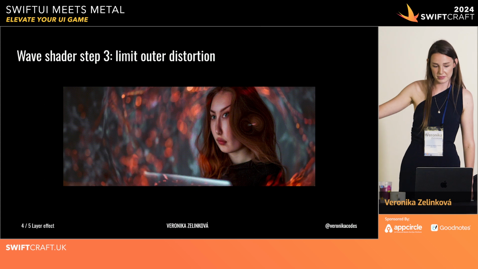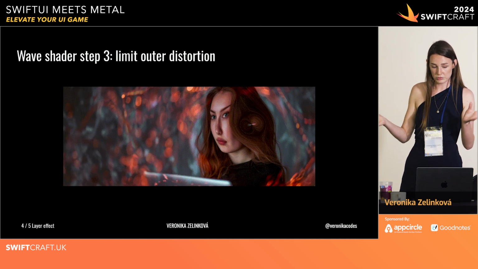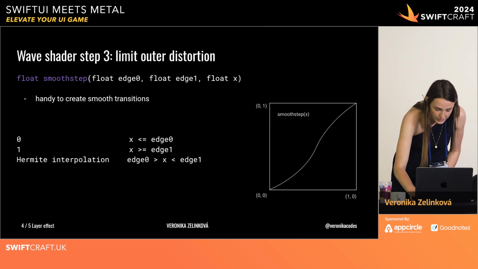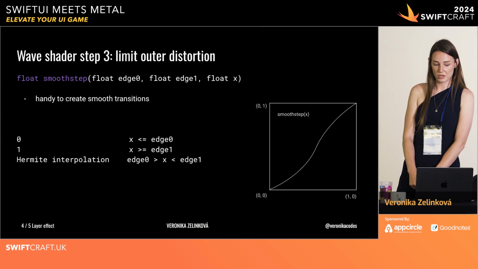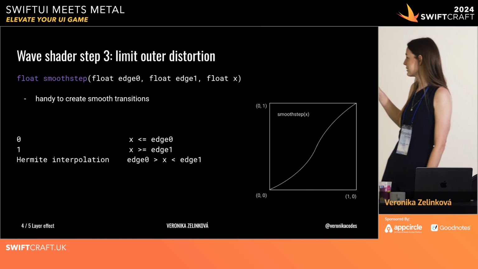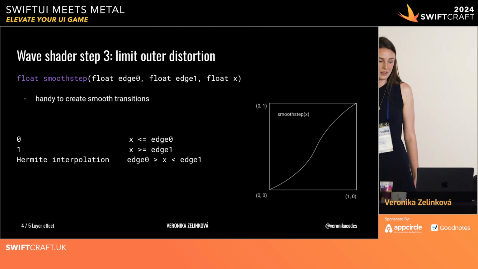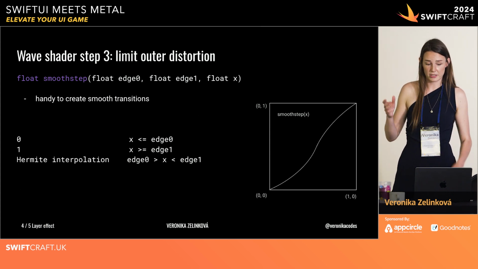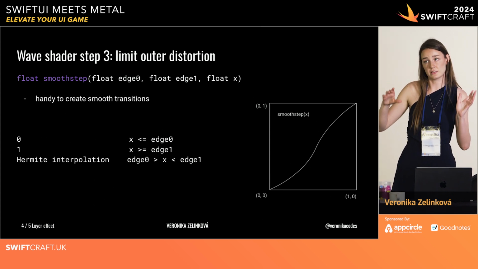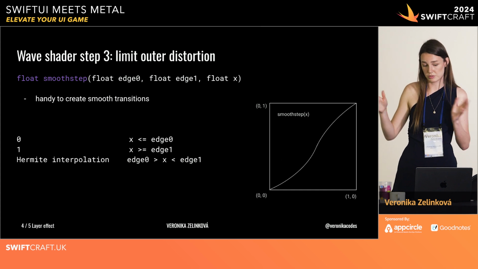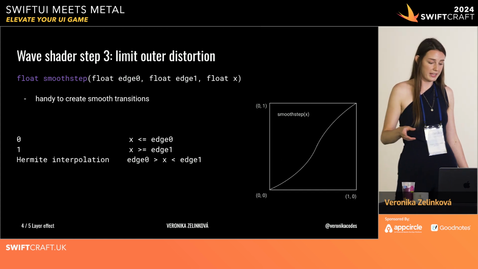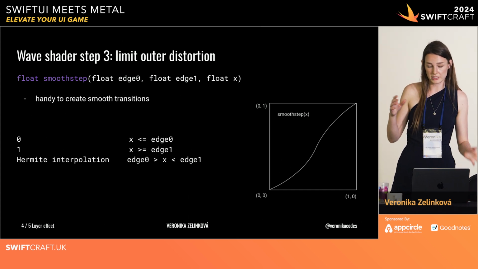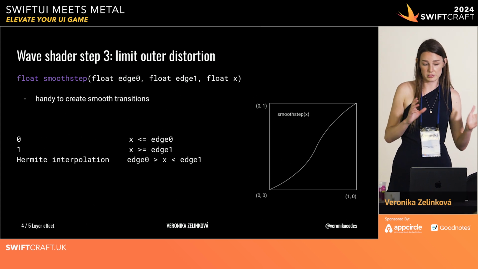So let's start with just limiting the outer distortion. To do this, we will need the smoothstep function, which is used in computer graphics. Basically how it works is that you pass in two edges, edge0 and edge1, and some value. If the value is less than or equal to the first edge, it returns 0.